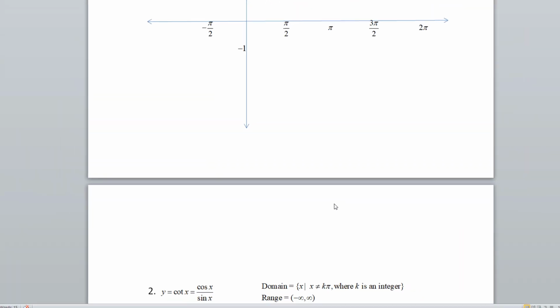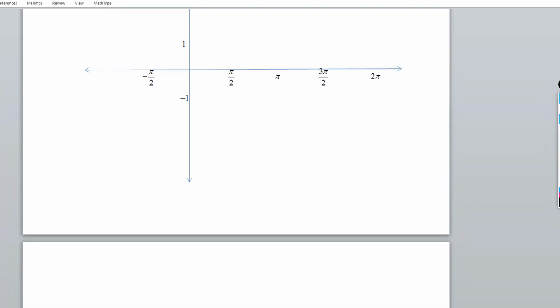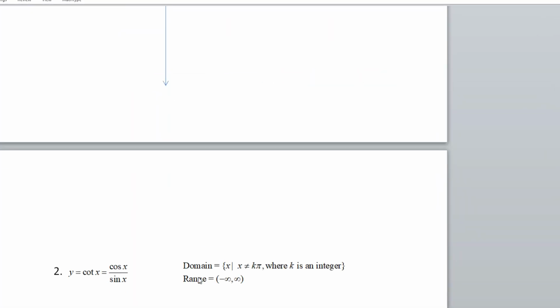So over here then, this one is going to have the vertical asymptotes. Again, you look at this, undefined at multiples of pi.